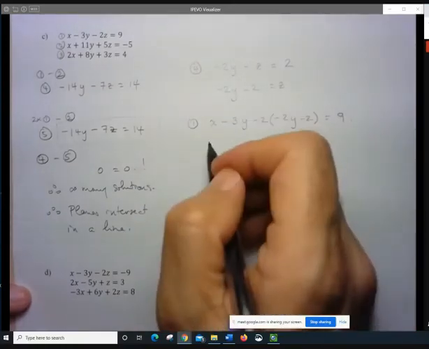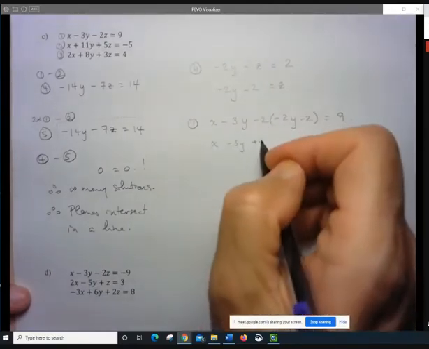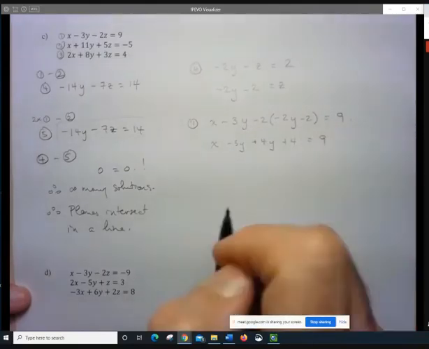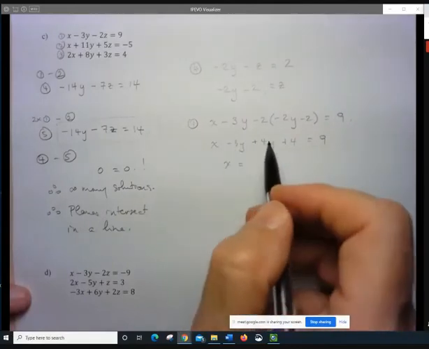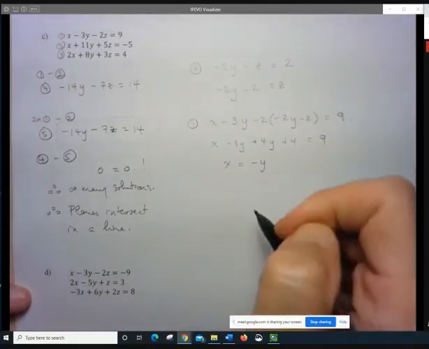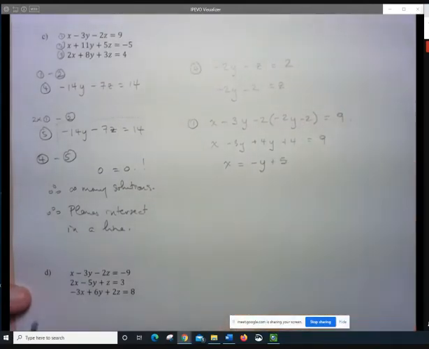And so here we got x minus 3y, plus 4y, plus 4 equals 9. And so x is equal to negative 3y plus 4y is y. Bring that to the other side, negative y. And then 9 minus 4 is 5, so plus 5.